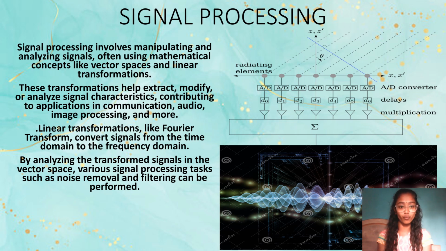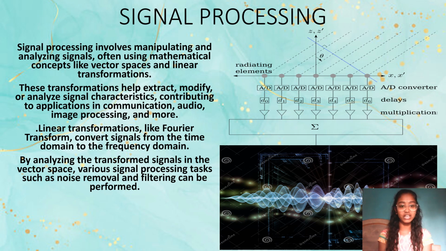And the next application is signal processing. Signal processing involves manipulation and analysis of signals, often using mathematical concepts like vector space and linear transformation. These transformations help extract, modify, or analyze signal characteristics, contributing to applications in communication, audio, image processing, and more.